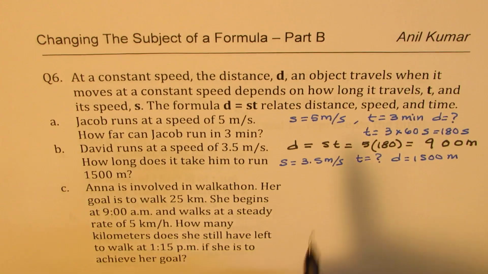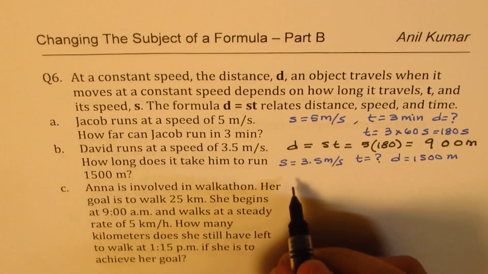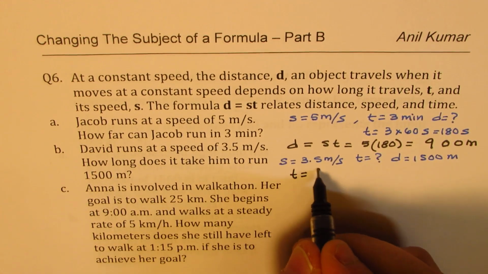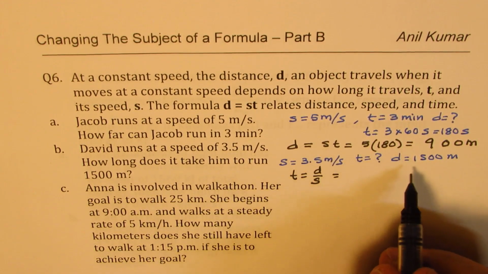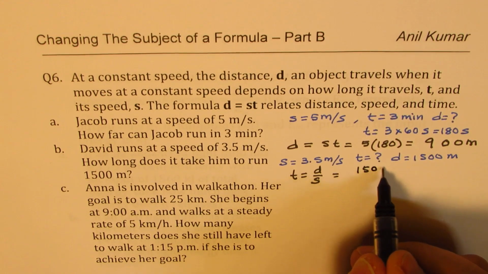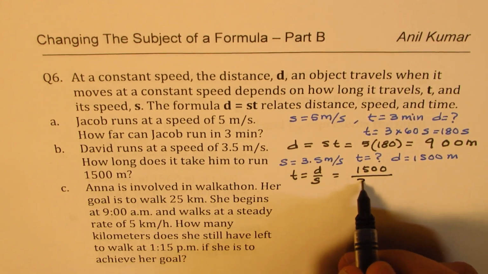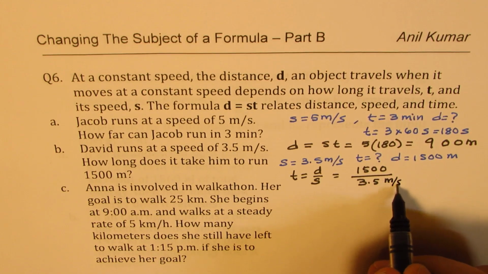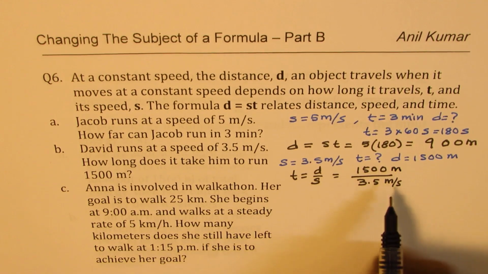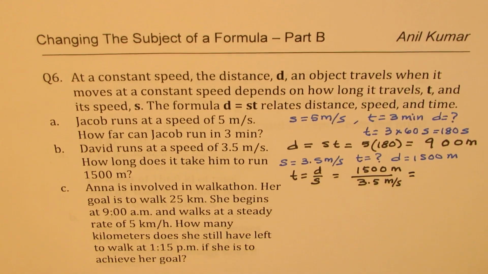To find time, we have to divide by s. So when you rearrange, you get time equals distance over speed. In our case, distance is 1500 meters divided by the speed, which is 3.5 meters per second. If you also consider the units, which is a good idea, you can see that time will be in seconds, right?